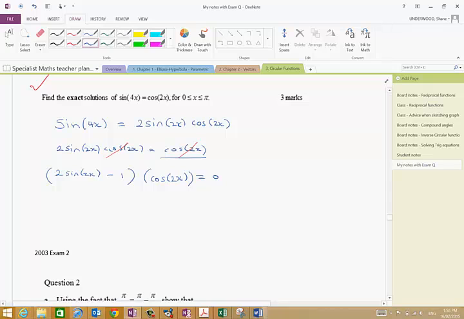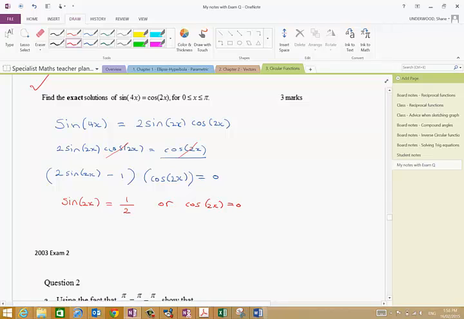Now, we've got two scenarios. We've got that sine of 2x is equal to a half, or we've got cos of 2x is equal to 0.